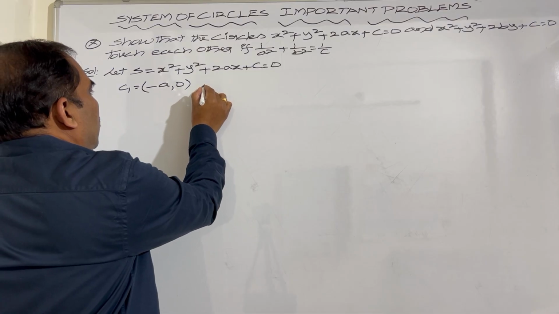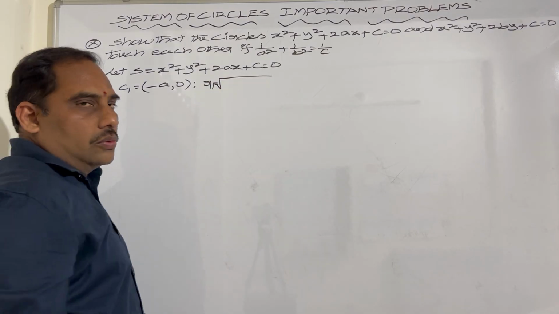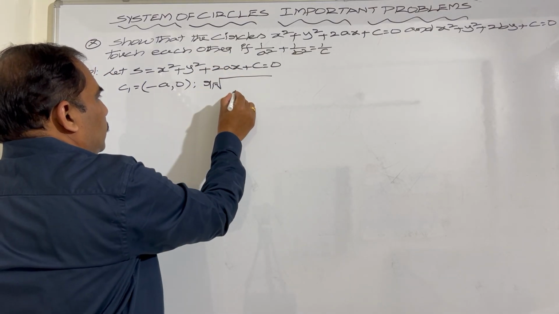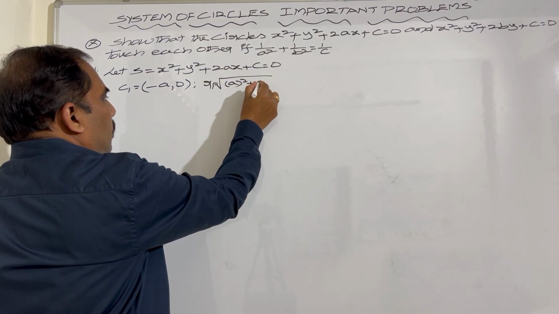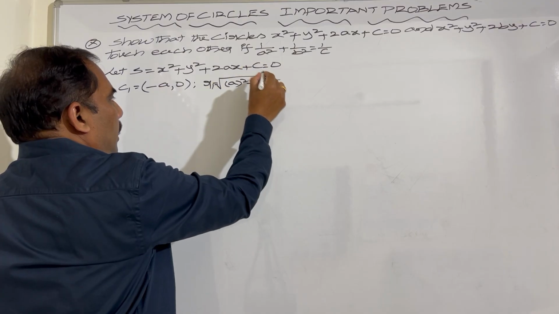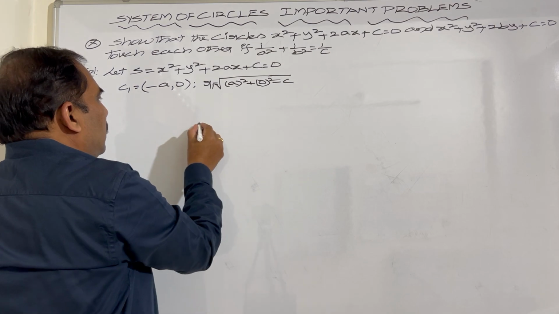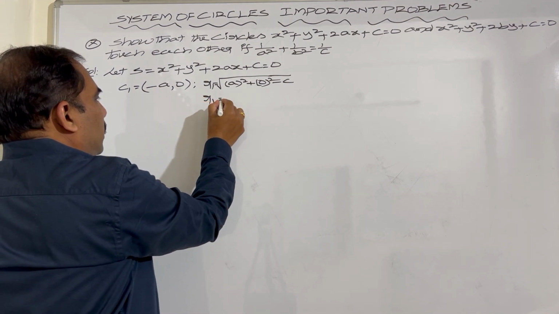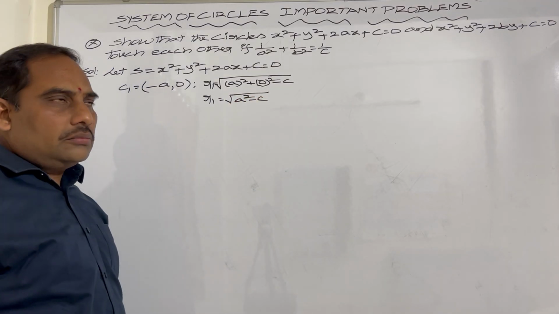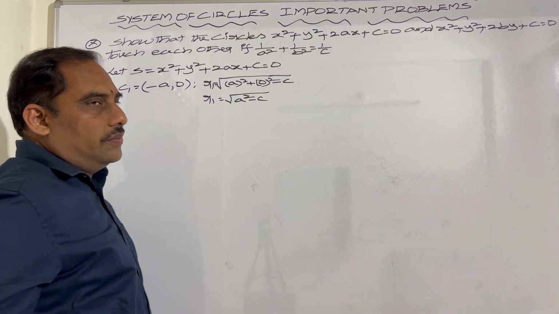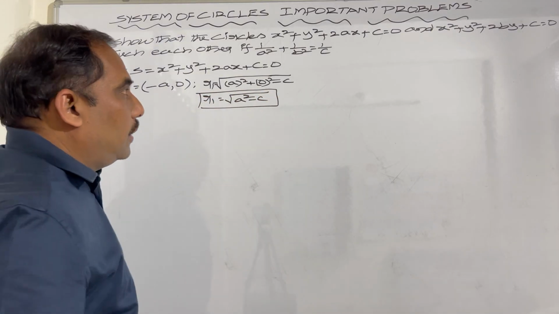And the radius r1 is equal to root over g square, that is a square, plus f square, that is 0 square, minus c. So we get r1 is equal to root over a square minus c. So we have center C1 and r1 is equal to root over a square minus c.